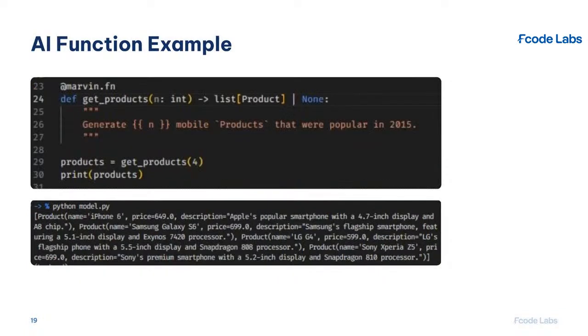Same thing we can do with Marvin functions. So I write this get product function. I have to send the number of products I need, and it will return a list of products. And in the docstring, I add the template n as a template. Pydantic automatically replaces this n with the real number I sent, and I just wrap that method with marvin.fn.